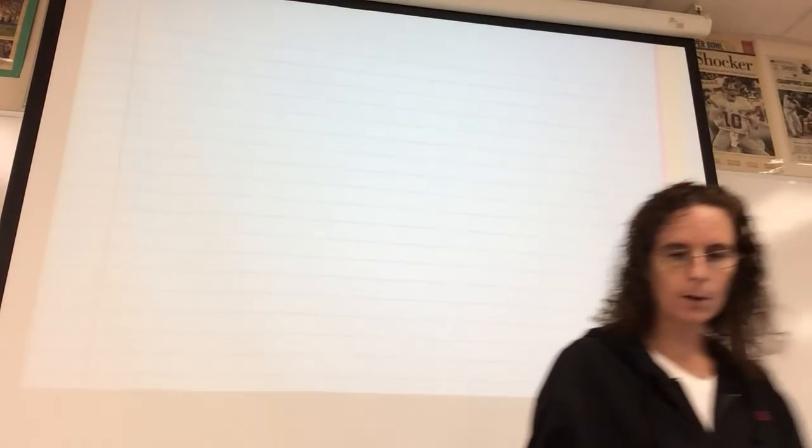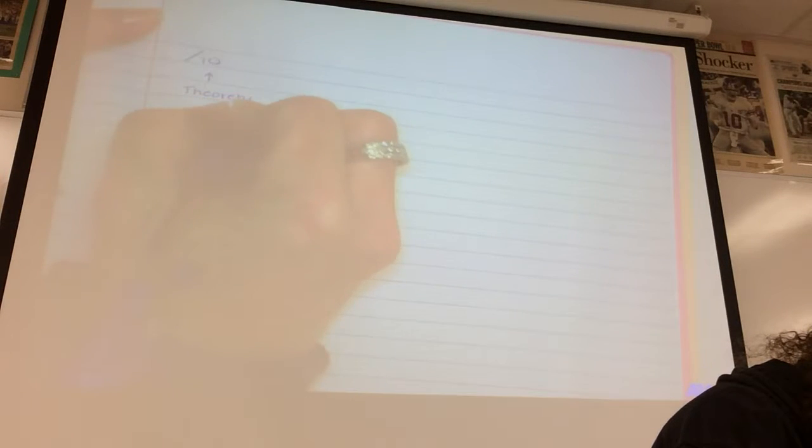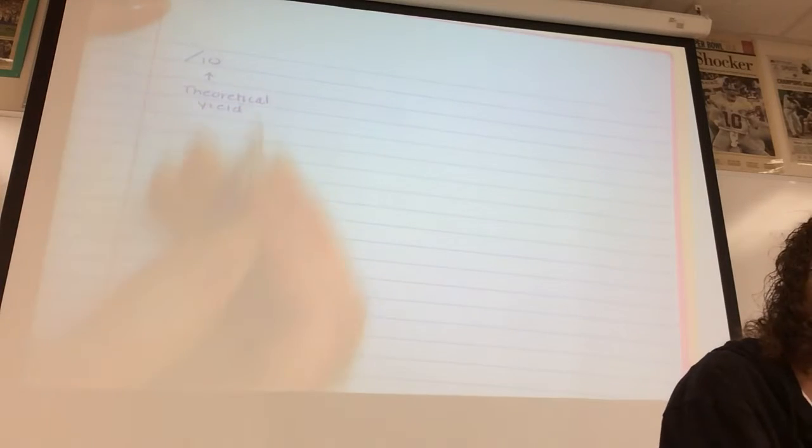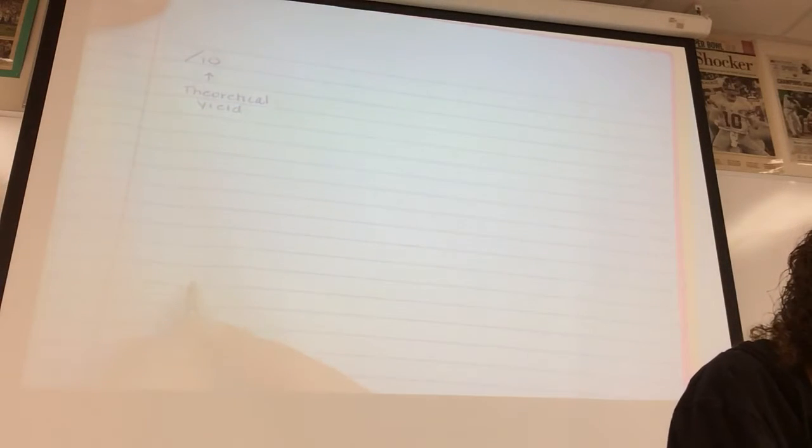For example, let's say that you were going to take a remedial quiz. Remedial quizzes are typically out of 10 points. 10 points is your theoretical yield. That's what you should be able to get in a perfect world.